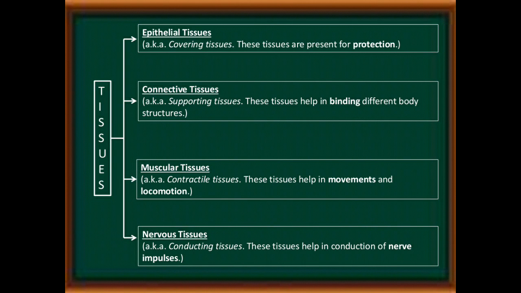Muscular tissue, contractile tissue. These tissues help in movement and locomotion. And nervous tissue, conducting tissue. These tissues help in conduction of nerve impulses. Means it transfers information inside the body from one part to another part.